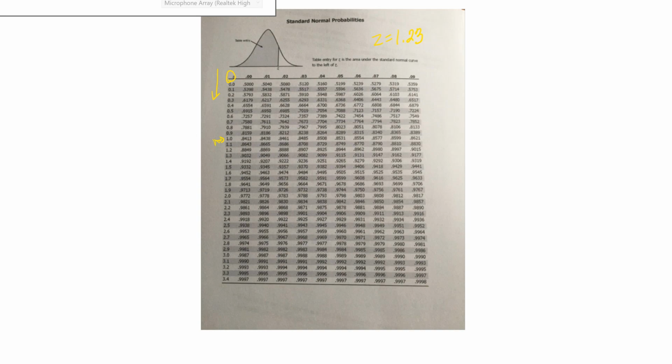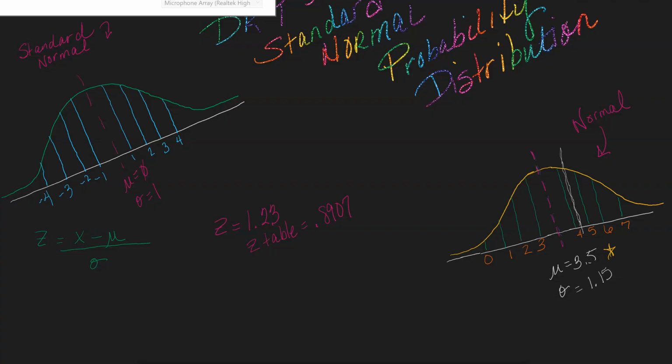Oh, we could actually come all the way down here to 1.2. Duh. We'll start with this 1.2. Now we need to add whatever's going to make it 1.23. Well, here's the 0.03. Here we go. That's what I'm interested in. 0.8907.